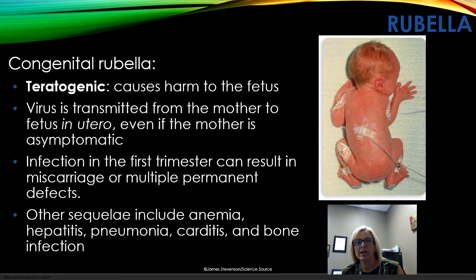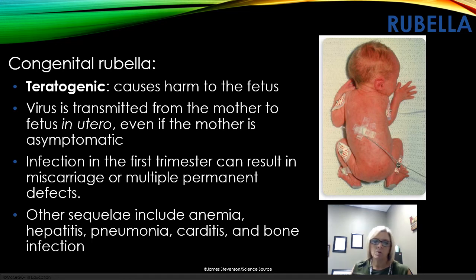So when rubella is contracted by a pregnant woman, it can cause congenital issues. It's teratogenic, okay? That means it's going to cause serious effects. It could actually cause miscarriage, permanent defects to the child, okay? Most common is deafness. It can also cause heart problems with cardiac abnormalities, ocular lesions, deafness, physical and mental retardation in varying different combinations, okay?